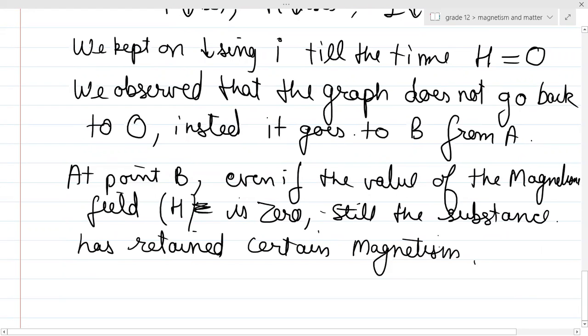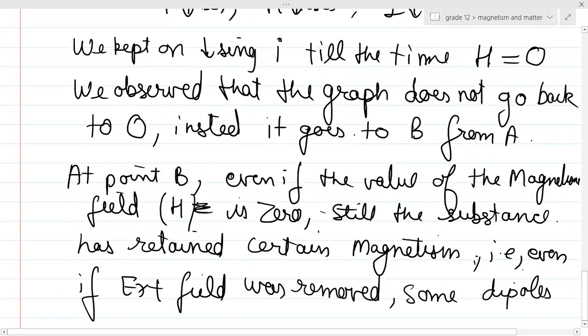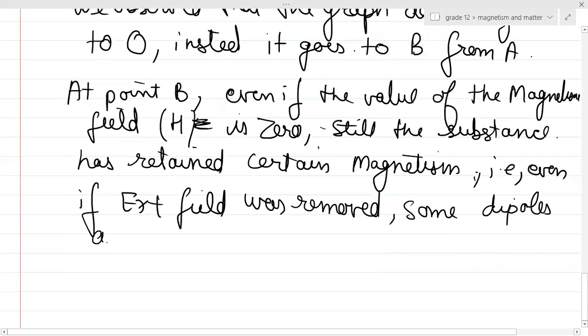That implies what? Even if the magnetizing field is made 0, some dipoles are still in the same direction. That is, even if the external field was removed, some dipoles are still aligned.